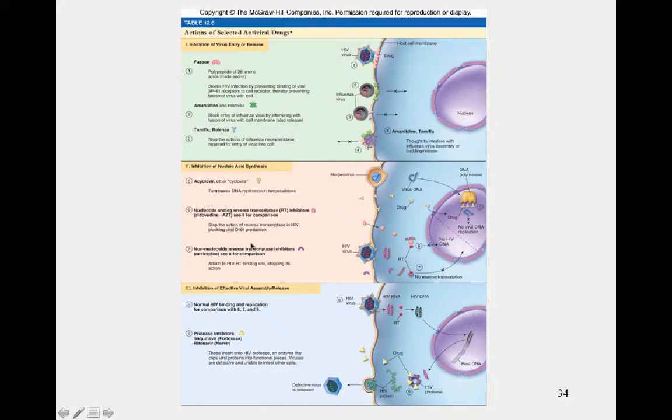So there's a lot of text on here, but just remember every step of the way, right? Attachment, penetration into the cell, and then the synthesis, right? The transcription, the translation, and also in the case of HIV, so HIV is a retrovirus and it contains RNA, and during its infectious cycle, it uses one of the enzymes that it carries with it, this reverse transcriptase, to turn the RNA into DNA.